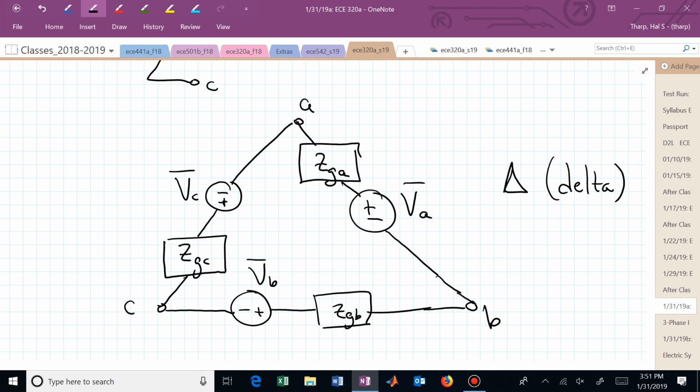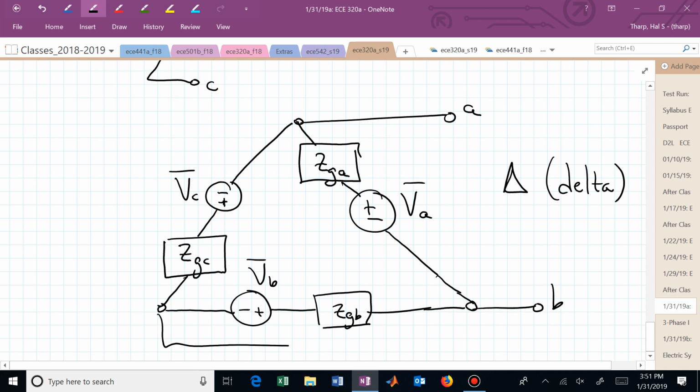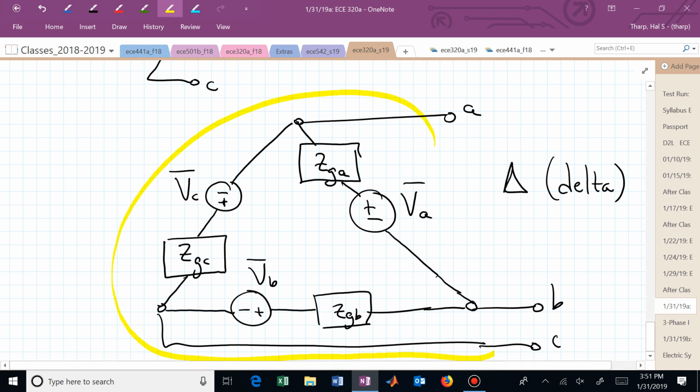And it may be that it's easier to pull those out a little bit and say, here's my A, here's my B, and here's my C. And now if all of this was buried inside, you just have the three terminals, A, B, and C, and this one internally is interconnected as a delta.